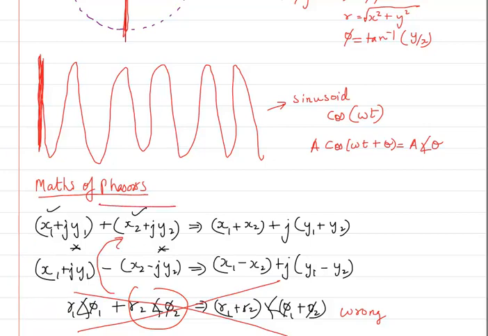So addition and subtraction is only possible in the rectangular form and not in the polar form. You should be very clear, because most people make this silly mistake.